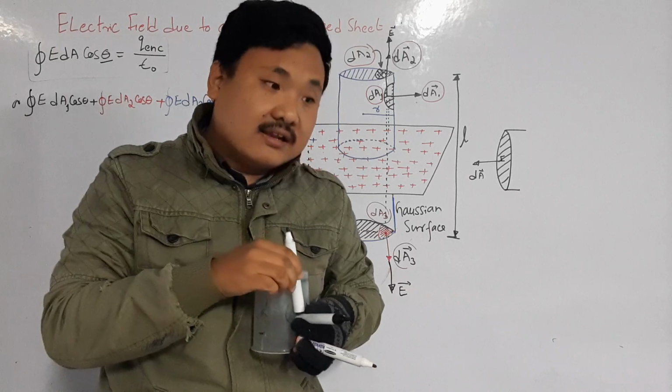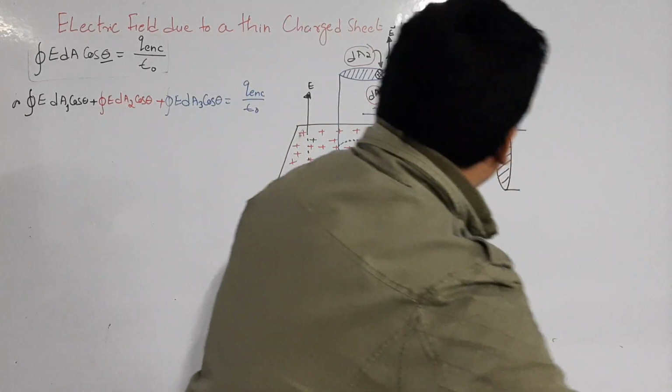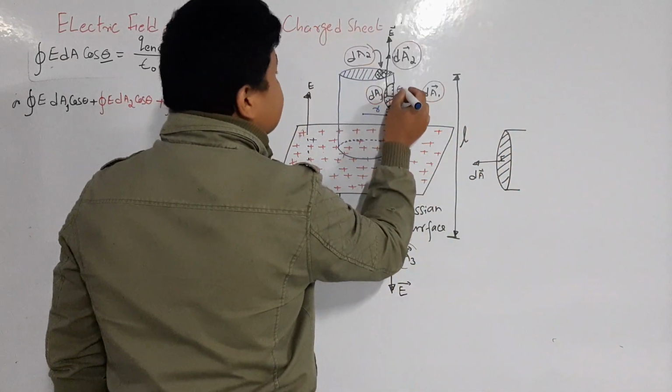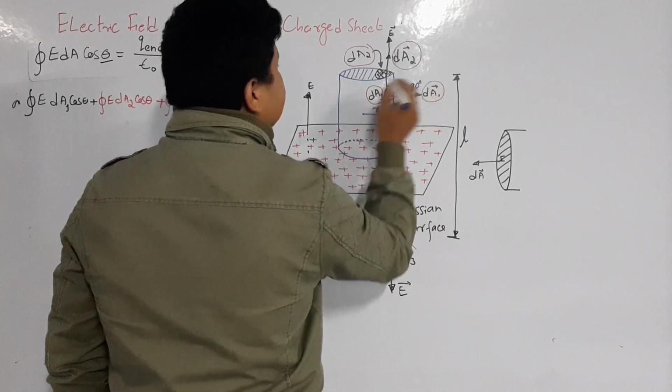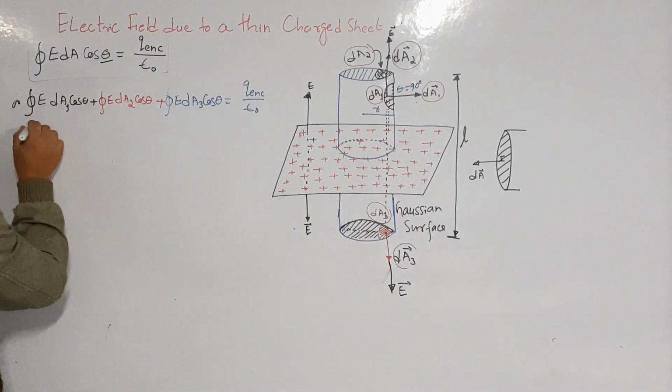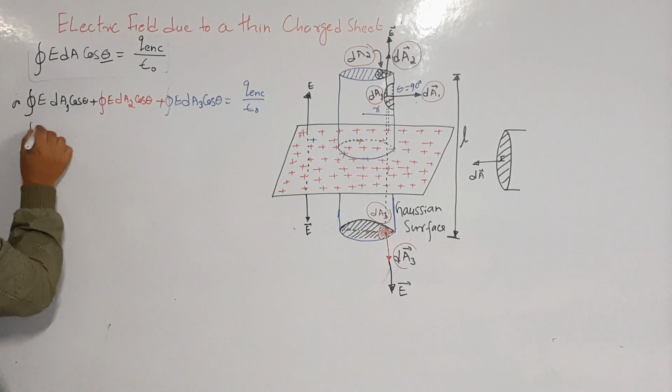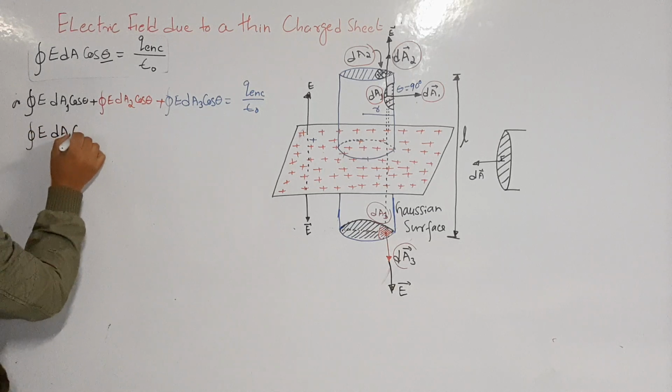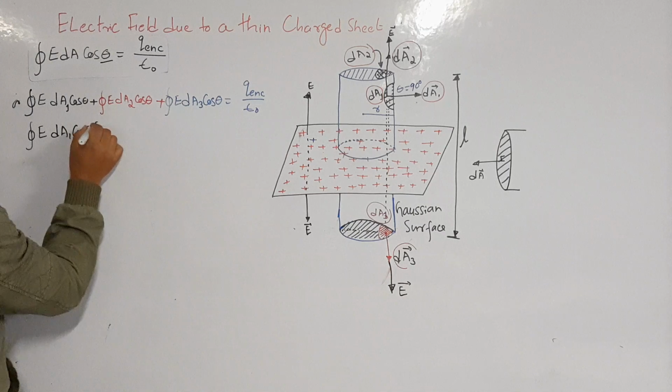So what is the angle? Here the angle theta is equal to 90 degrees. So in the second step I will write integral of E dA1 cos 90 degrees plus.